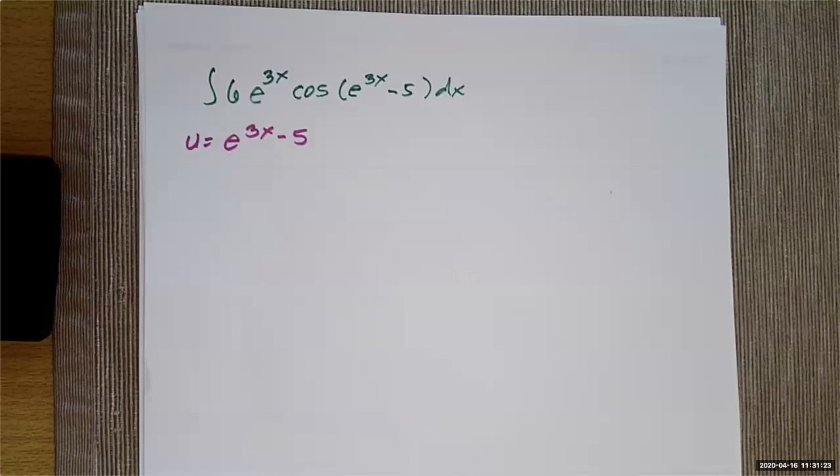6 sine e to the 3x minus 5 plus c. Okay, that's Rebecca's. Is there anyone here who has a different answer? Michael got 2 sine u plus c instead of 6 sine.